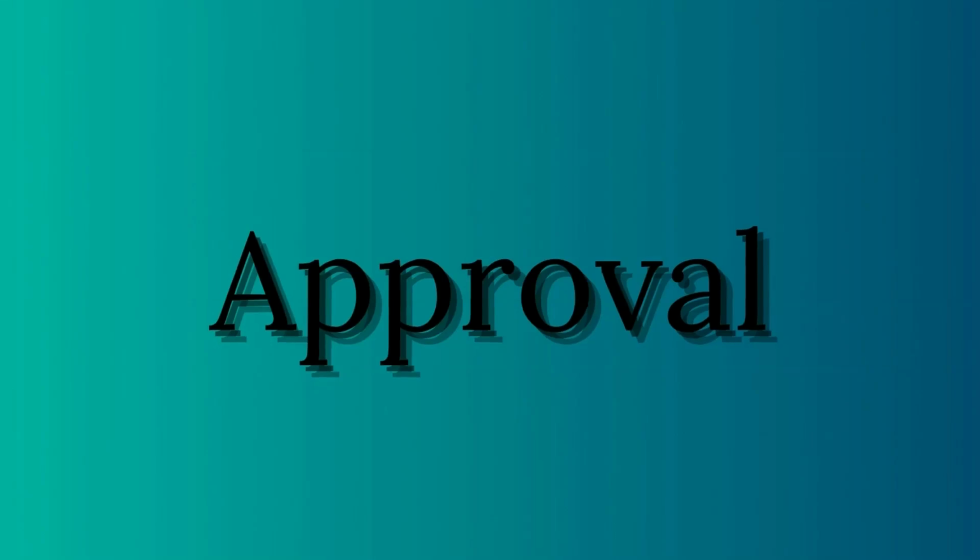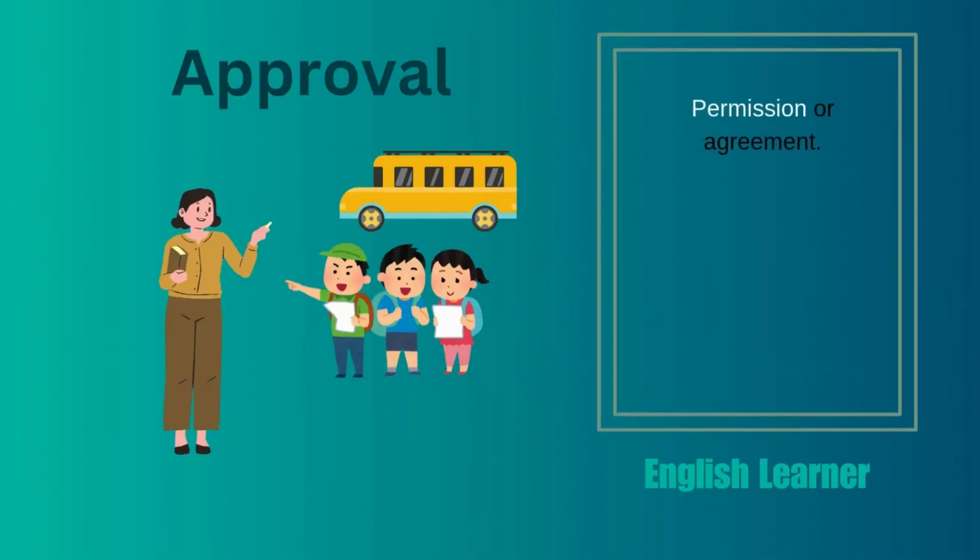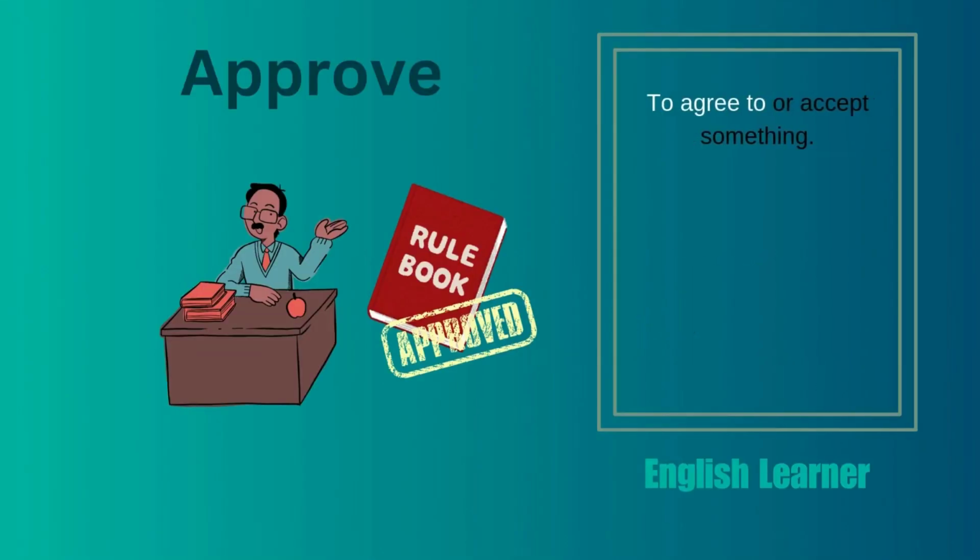Approval. Permission or agreement. Example. We need our teacher's approval to go on the field trip. Approve. To agree to or accept something. Example. The principal will approve the new school rules.